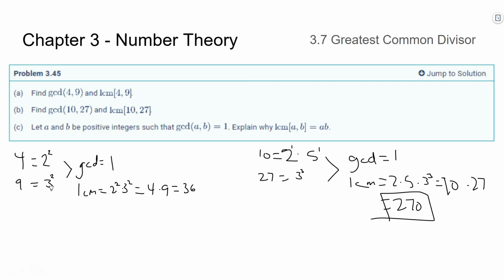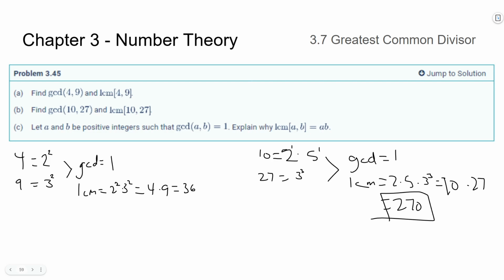So if we had, let's say, 2 to the 1 here, then we could have taken this 2 to the 1 instead of the 2 to the 2, but we didn't have anything common, so we had to take the full amount for everything, which ended up being multiplying them both because they had no common bases.